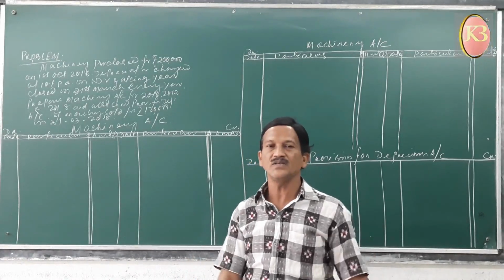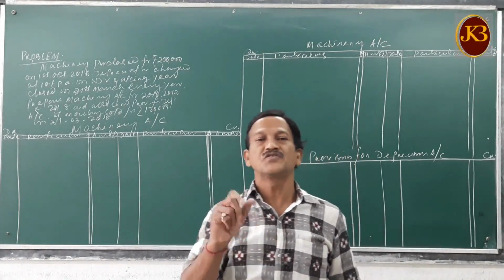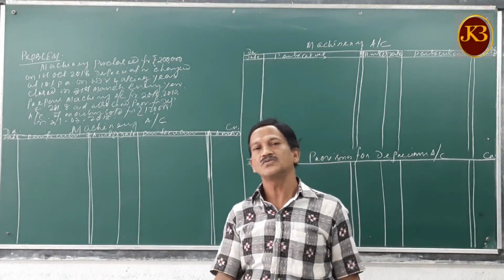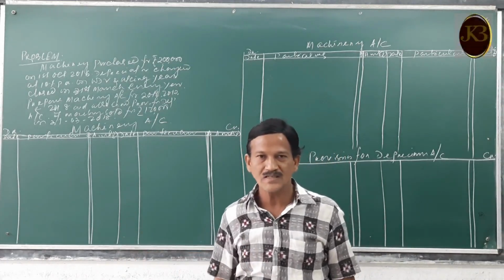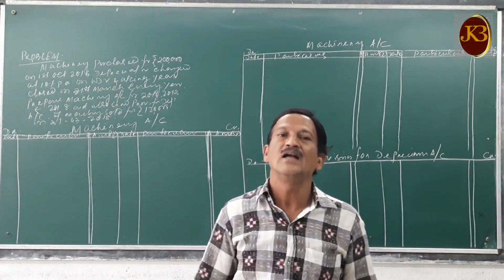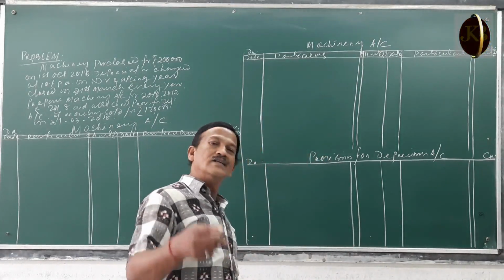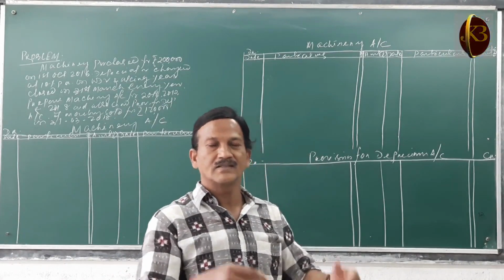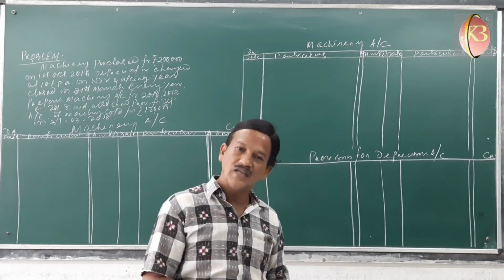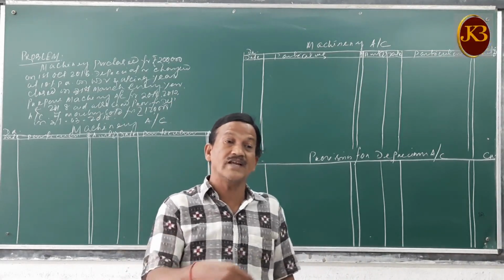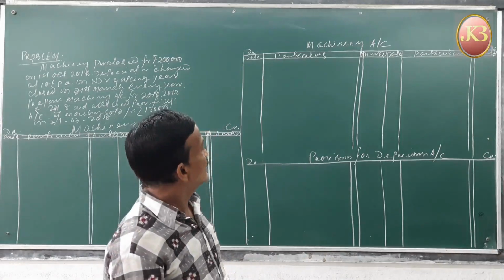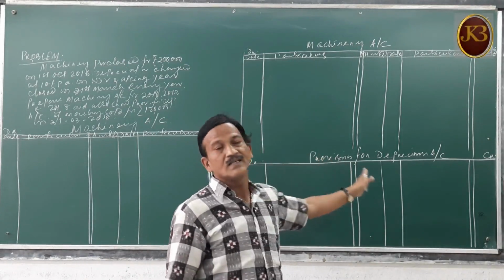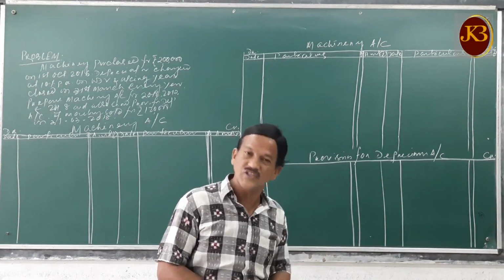That is the most important thing to solve these practical problems. Let's discuss how the machinery account will appear when the written down value method is used, if depreciation is charged directly to profit and loss account, and how it appears in provision for depreciation and machinery account if it is created through provision for depreciation account.